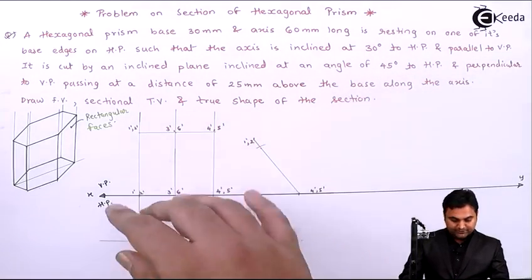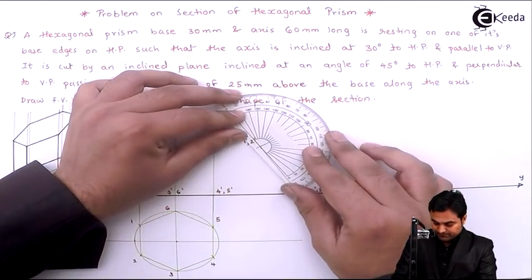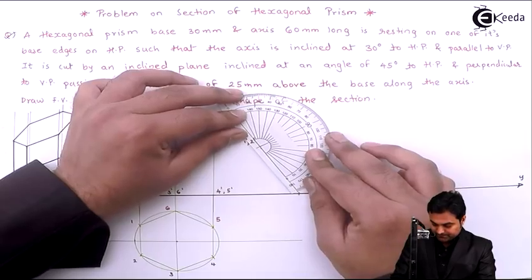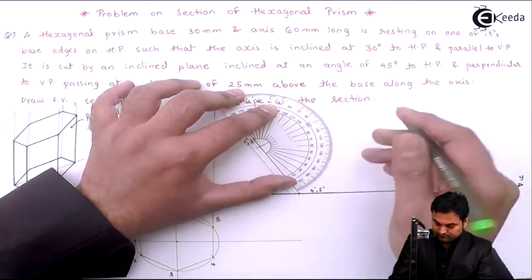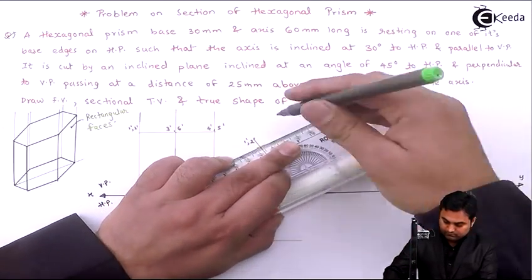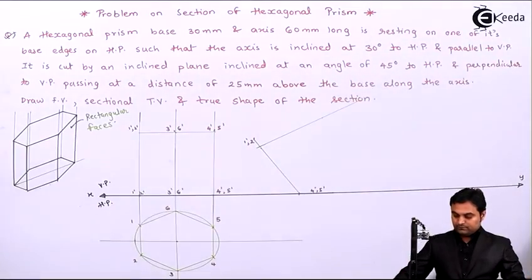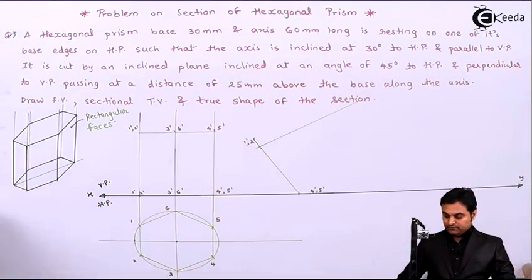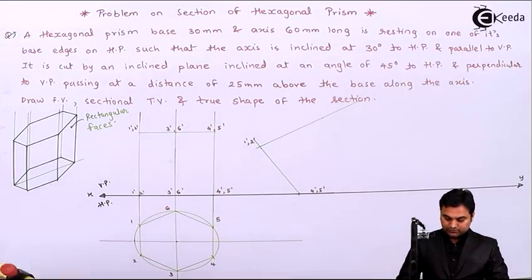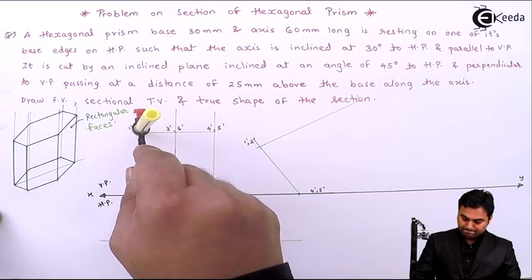Then here this edge is perpendicular, so I'll say that from this point I am going to mark an angle of 90 degree. Projecting a light line. Then I'll mark the height over it, which is 60, that is 1 dash to 1 dash.